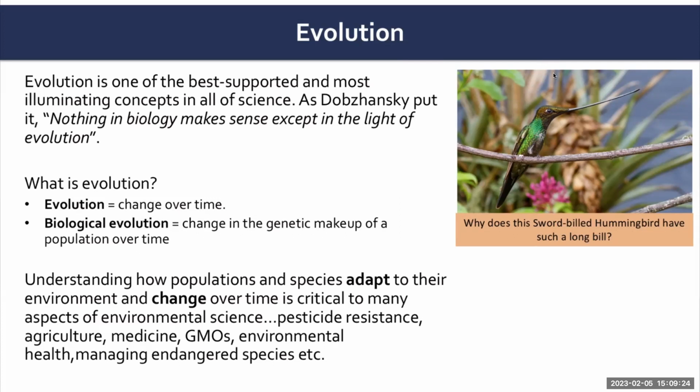We'll focus primarily on changes at the level of population. But when these changes build up over time, they can ultimately lead to the evolution of new species, which is a process I'll talk a bit more about. And that is the process that accounts for the diversity of life on Earth as we know it.